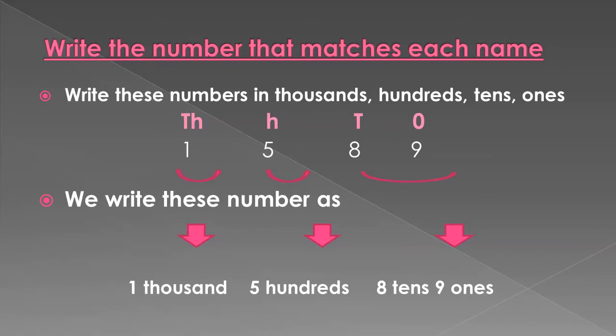So 9 ones are there in the number, 8 tens are there in the number, there are 500s in the number, and we have 1000 in the number. We can name these numbers as 1000, 500s, 8 tens, 9 ones.